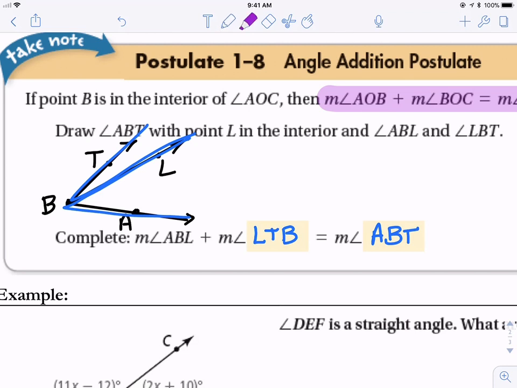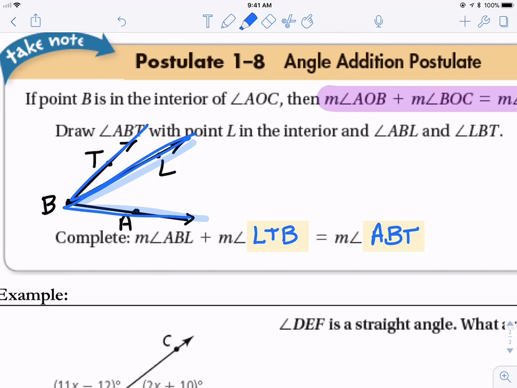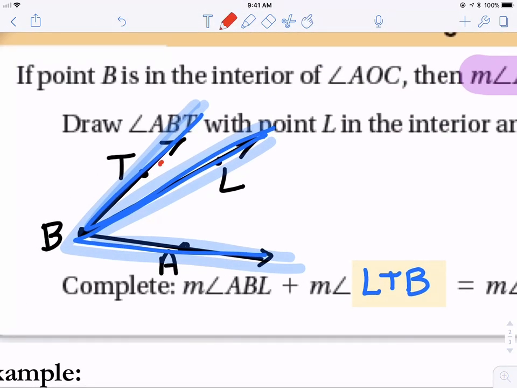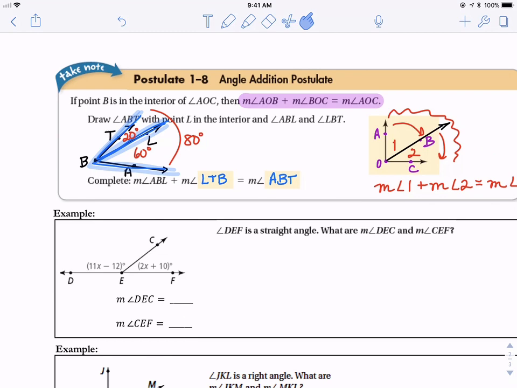Okay, ABL plus LBT is equal to the measure of angle ABT. So again, if this were like a 20-degree angle here and a 60-degree angle here, then the big angle measure would be 80. Not hard to understand, just the notation looks a little weird at first.